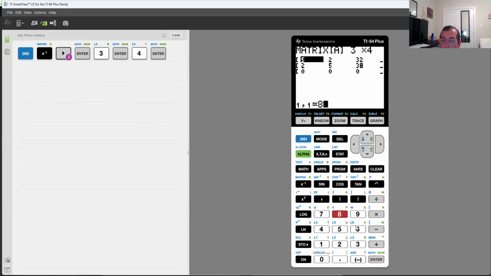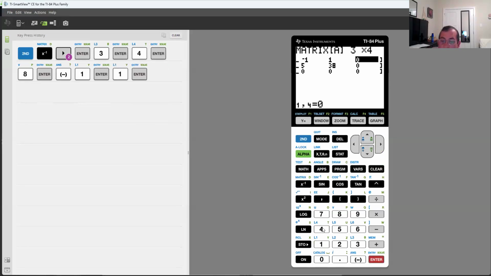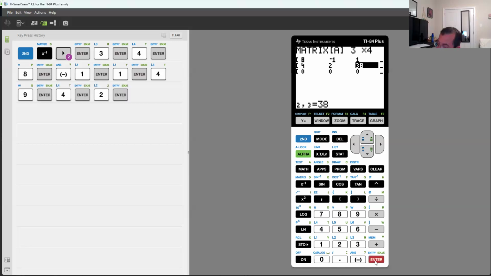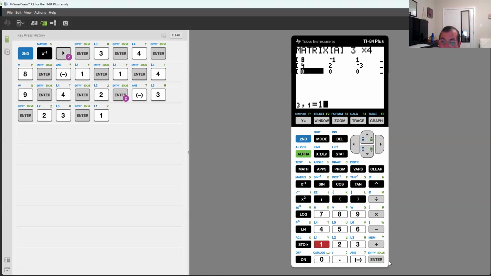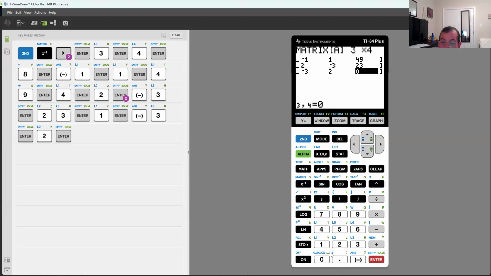All right, y'all, so I had an 8, enter, negative 1, enter, 1, enter, 49, enter. Next row, I had a 4, enter, 2, enter, negative 3, enter, 23, enter. My last row, I had a 1, enter, negative 3, enter, 2, enter, and 10, enter.